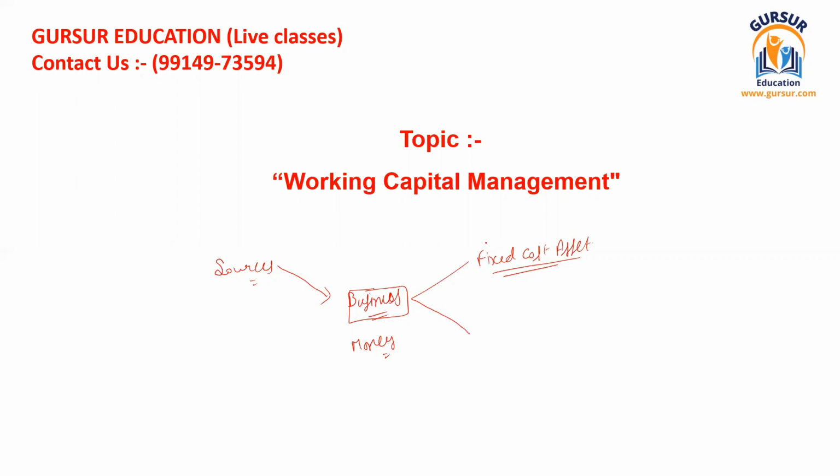These are covered under the capital budgeting decisions. And some part of the money raised is used as your working capital, because you need working capital, current assets or cash, for meeting your short-term obligations, and that is covered under the broader part of working capital management.